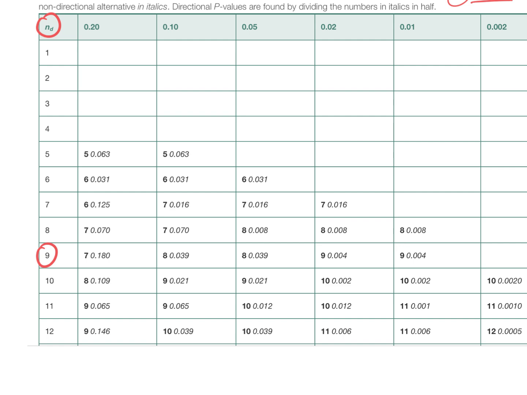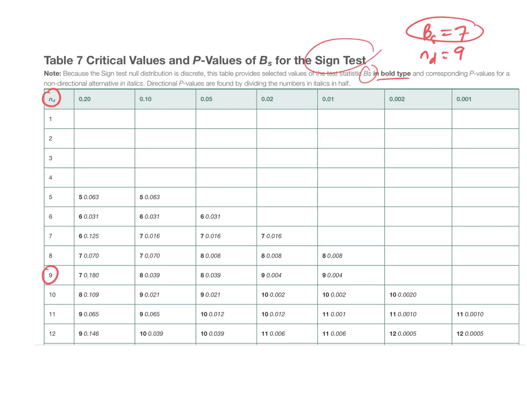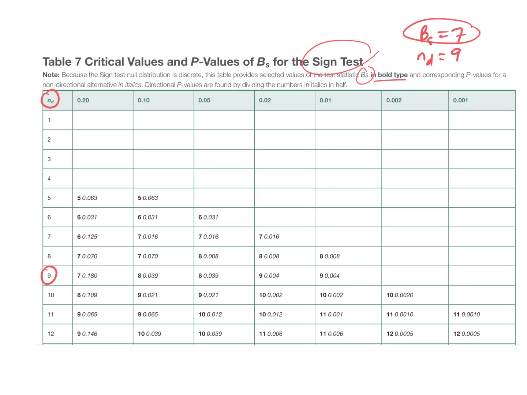We need to look at those though and find out which one matches the test statistic that we came up with. Well, we came up with the test statistic equals 7, and so there's only one there that has 7 in bold. You can see that there are a couple of 8s, there's a couple of 9s, but the 7 is the test statistic, and then the thing in italics right there is the corresponding p-value.